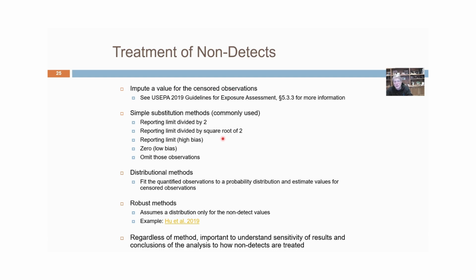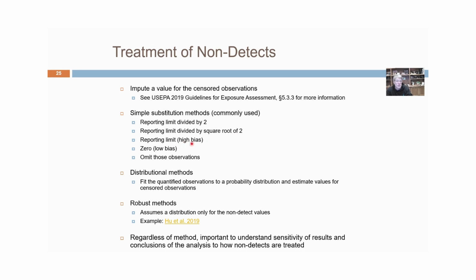A very similar approach is to use the reporting limit divided by the square root of 2. Some people argue that this geometric approach is superior to simply dividing by 2, but in my view, that's an esoteric difference. What's more important is to impute a value and be transparent about the value that you did impute.